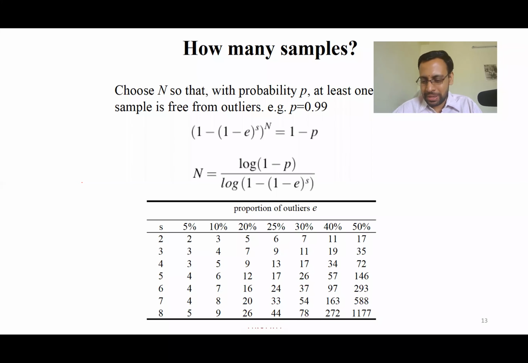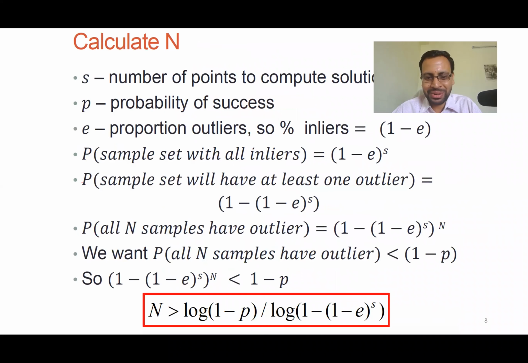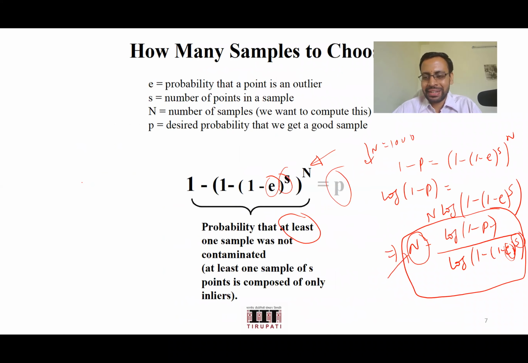There is a very interesting observation you could make from this equation. I'm not sure how many of us made that. How is it dependent on the number of points I have? Can anyone give it a try? So I have, for example, I want to fit a line. I have 100 points.